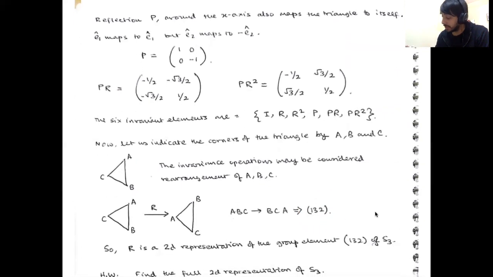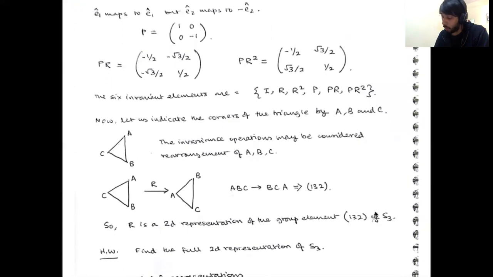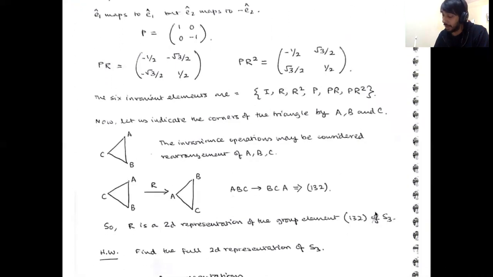For each of these things, again, this is something for you to check, each of these is going to represent a particular element of S3 again. So what we see is that we have got another representation of S3, and this representation of S3 is a two-dimensional representation.